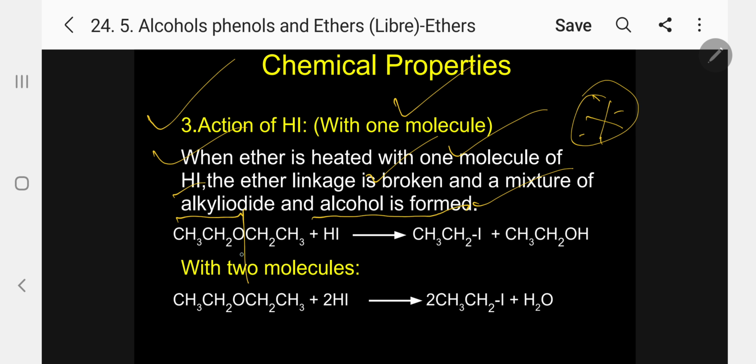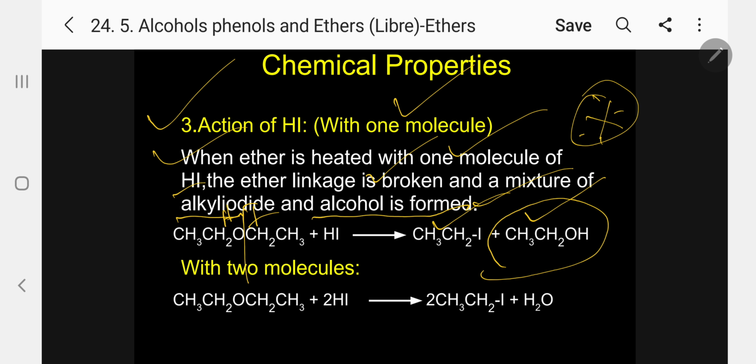Kindly follow. So, when you treat with HI, what will happen? You are getting ethyl iodide and ethyl alcohol. So once after the preparation, if you test for alcohol and test for halide, and it answers both, you can say it is due to ether.